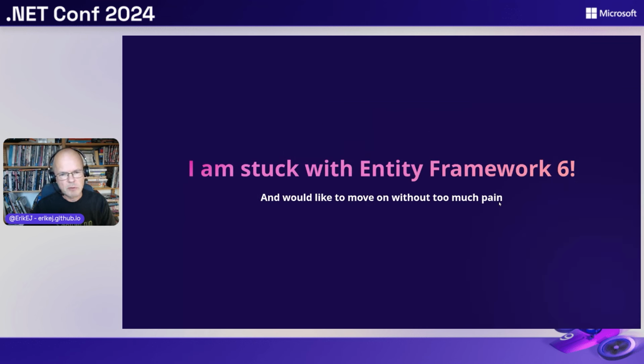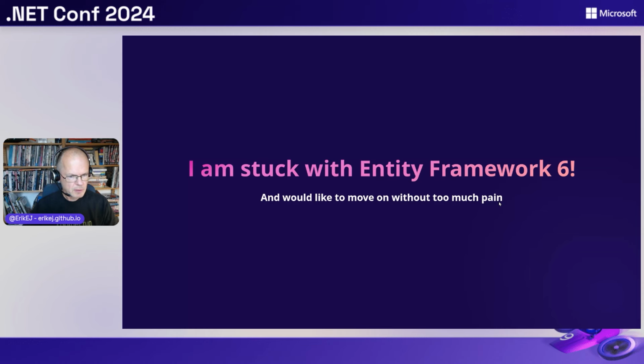So what is the problem that we're trying to address here? That you're basically stuck with Entity Framework 6 on .NET Framework. I would like to move on. For example, I would like to modernize my applications and take advantage of all the new libraries, performance features, and so on that are available in .NET 9.